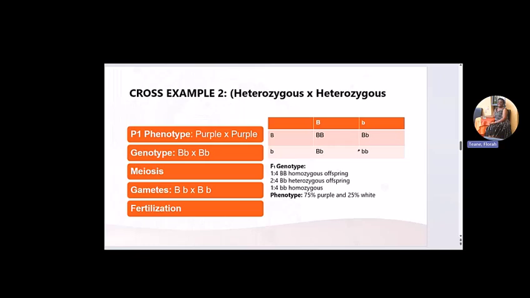So here are the offspring, the so-called F1 generation. The genotype, we have 2 capital letter B's. We also have 2 capital letter B and small letter b, and 1 out of 4 small letter b's. So we have homozygous, heterozygous, and homozygous. And the phenotype is 75% purple and 25% white.